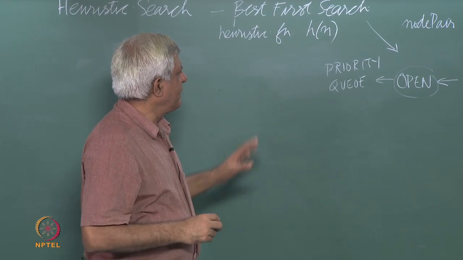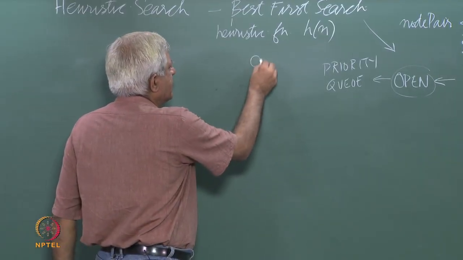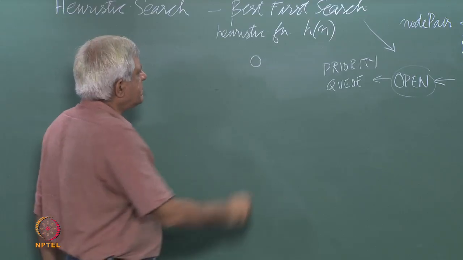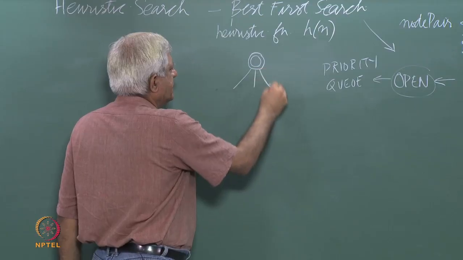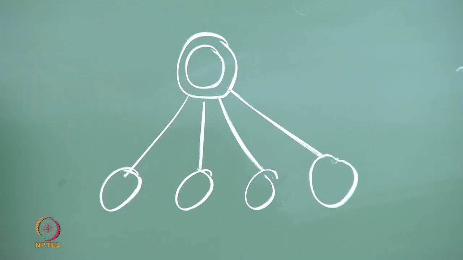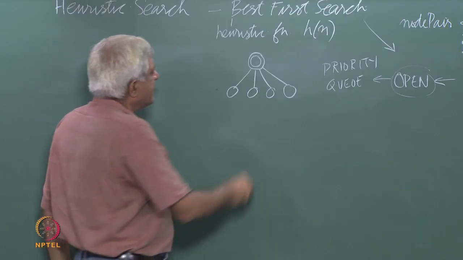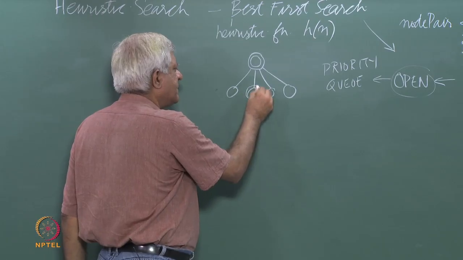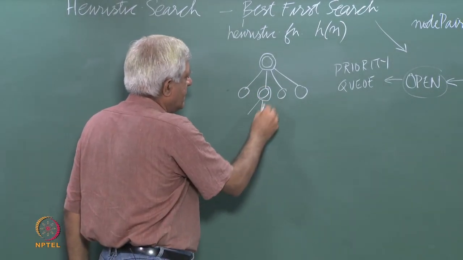Now, if you look at the behavior of best first search, it starts with some node, then it puts it into closed and adds its successors to the open list. The single circles are open and the double circles are closed. Then it picks one of them, whichever has the best h value, and expands that.